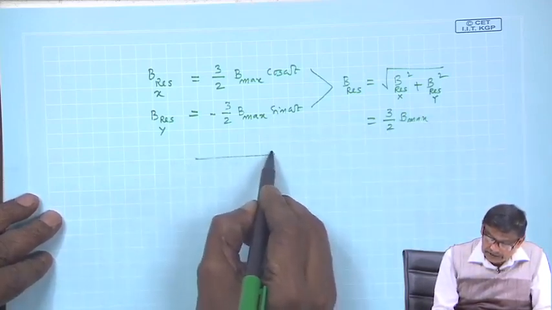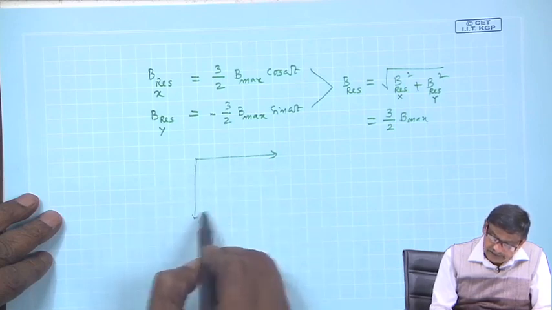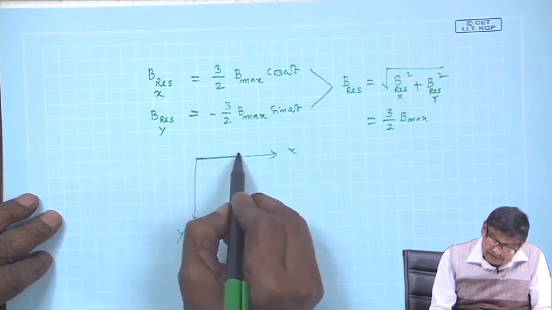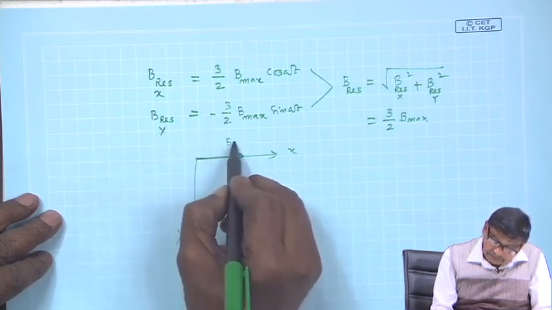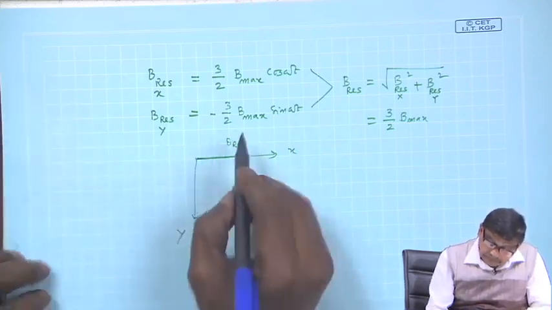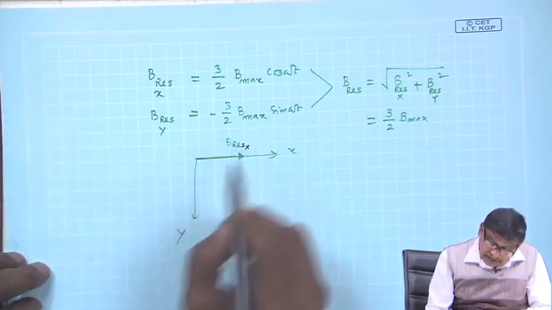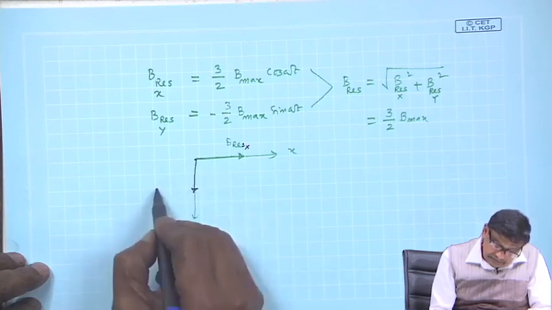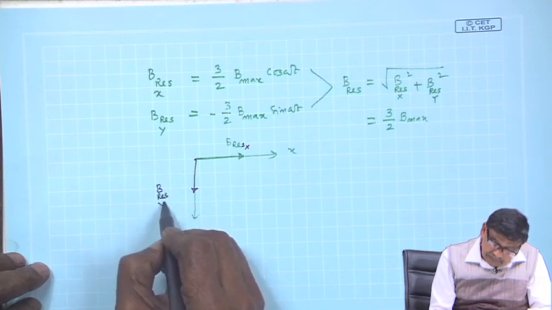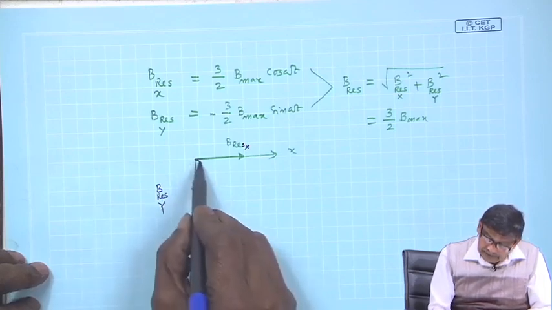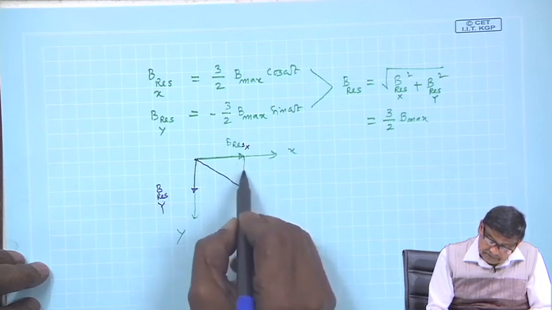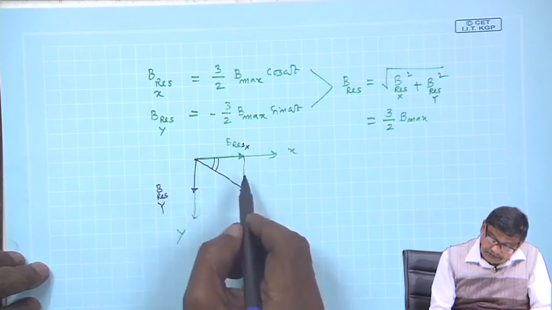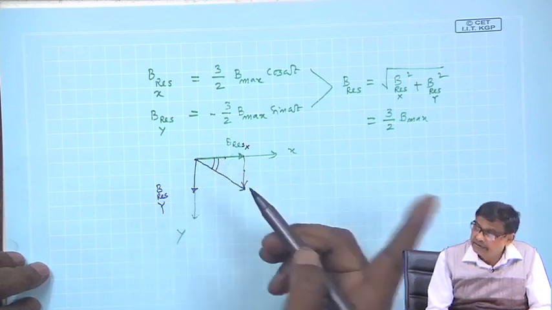And where will be its position? My x axis was like this, my y axis was like that, and this was my B resultant x, and this was my B resultant y, and the resultant is this. So, what is this angle? Resultant with B resultant x is tan inverse of that.